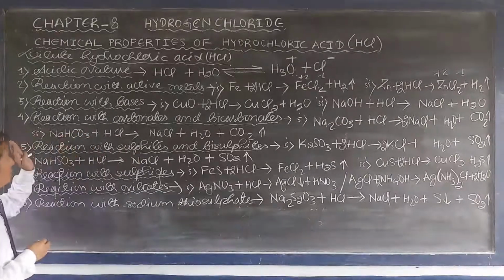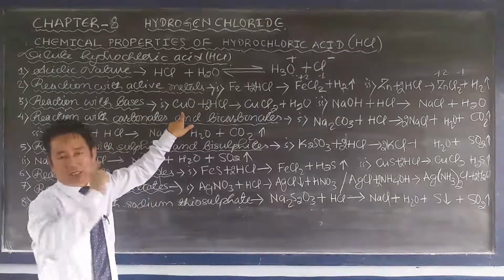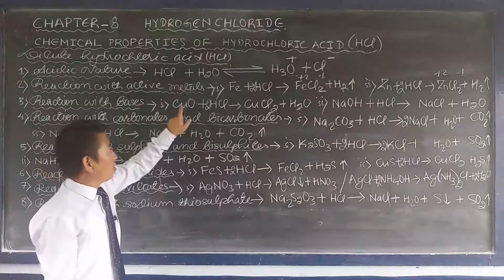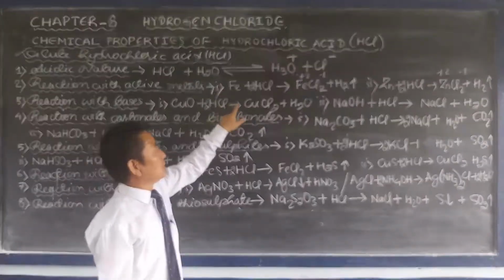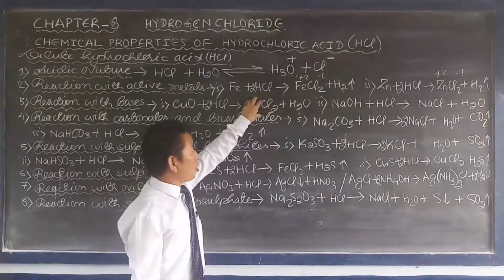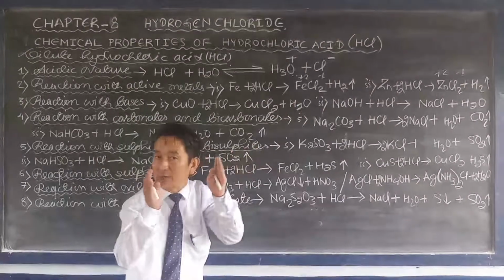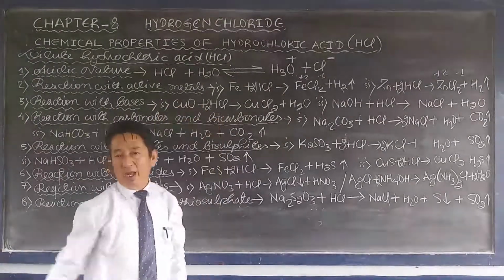Here, copper oxide is the base. When copper oxide reacts with dilute hydrochloric acid, it produces copper chloride and water. Salt and water are the products formed whenever bases react with acid.